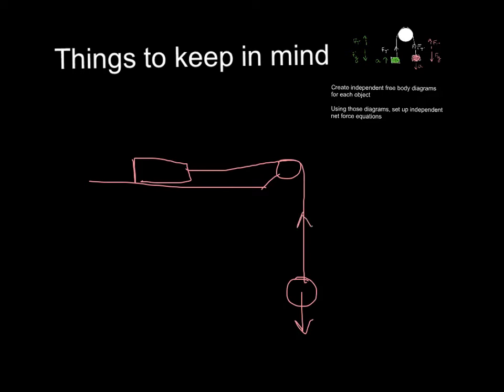Still the tension force would be equal and opposite. Okay, notice the tension force always goes away from the object that it's pulling. So if we're going to set up our net force equations, here we've got our gravity pulling down, our tension force pulling up, and we're going to assume our acceleration is down here.